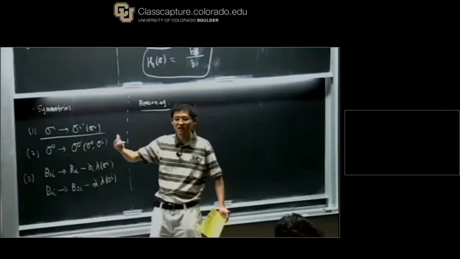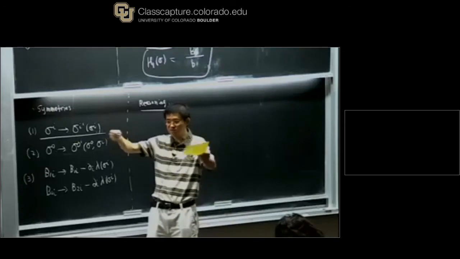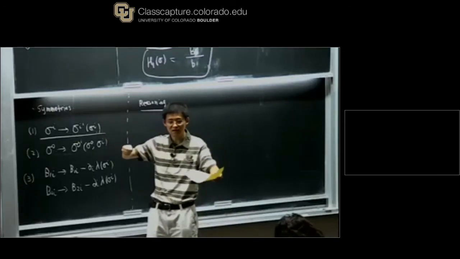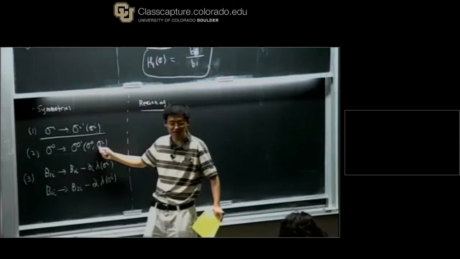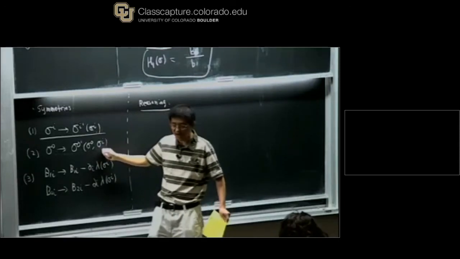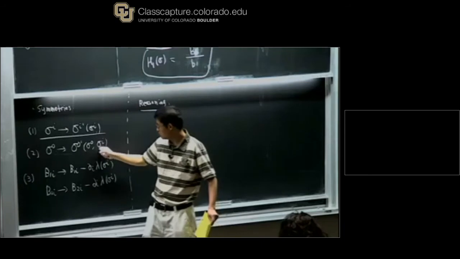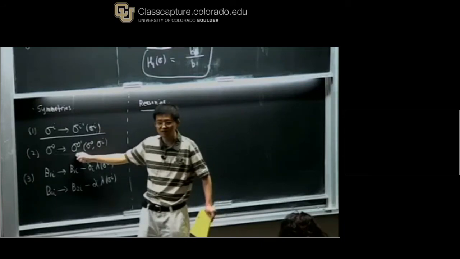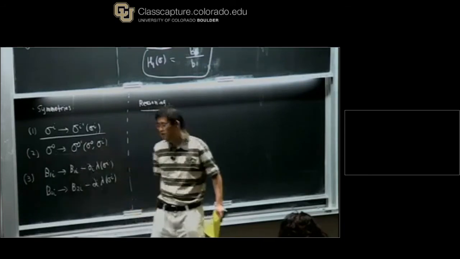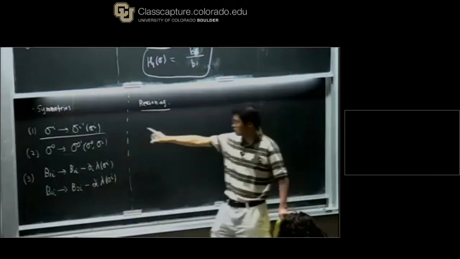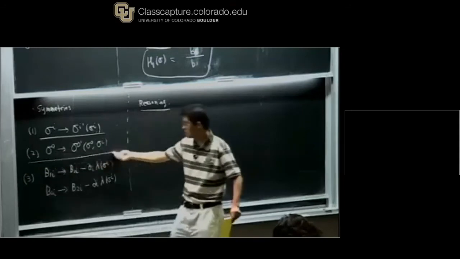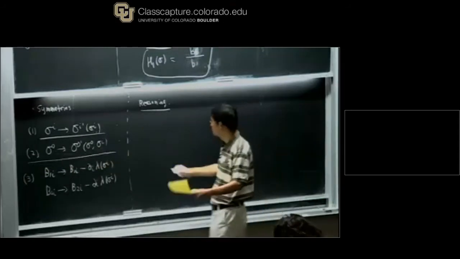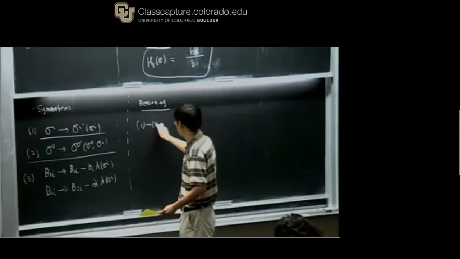In particular, since different fluid elements are independent of each other, you should be able to reparameterize them independently for each fluid element. So this can be different for different fluid elements. These two, 1 and 2, specify what we mean by fluid. They define a fluid.